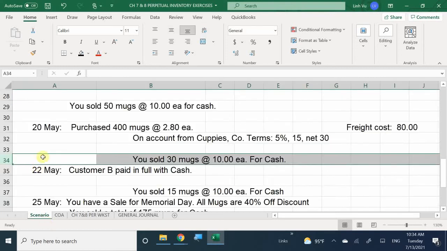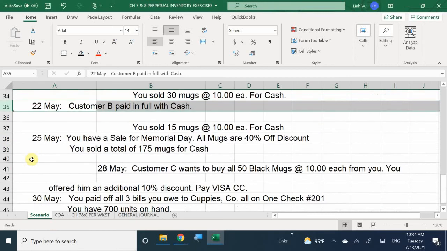So then on the 22nd, what happened here? Customer B paid in full, with cash.